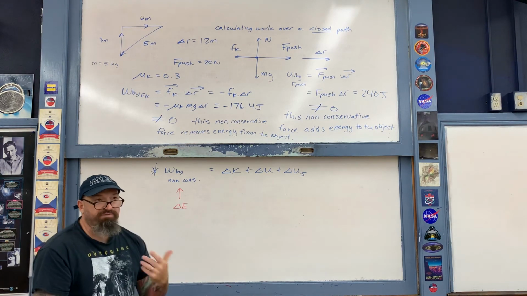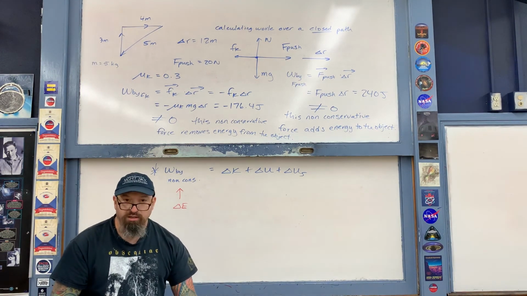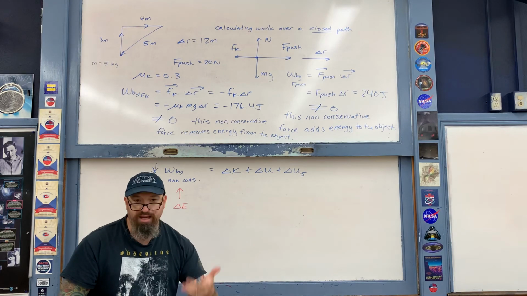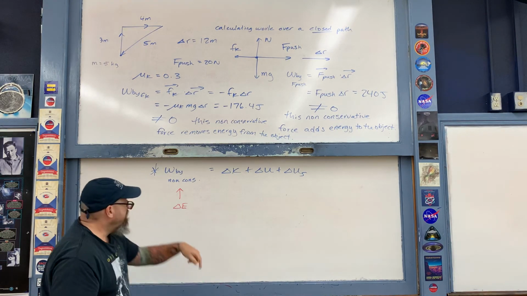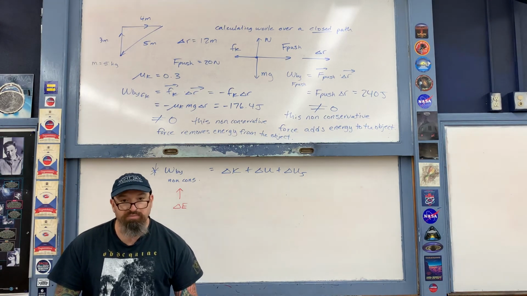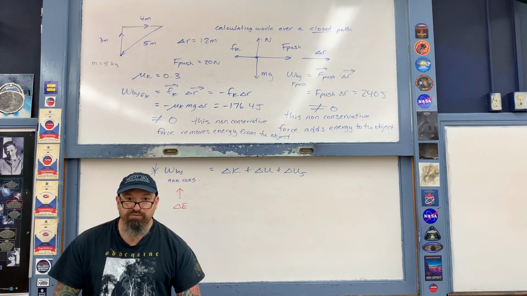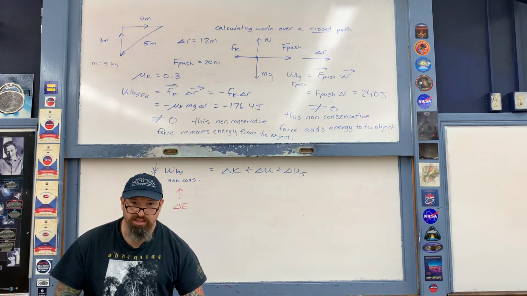This means that the final energy of the object is greater than the initial energy. In other words, by pushing on an object, you add energy to it. If this number, however, is negative, as it would be in the case of the work done by kinetic friction, this means that the final energy of the object is less than the initial energy because kinetic friction is removing energy as heat.